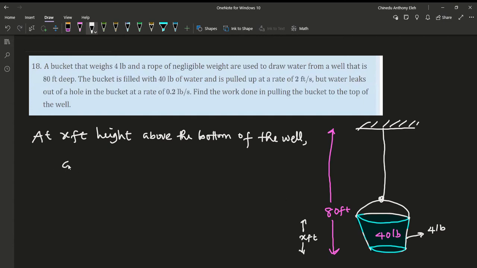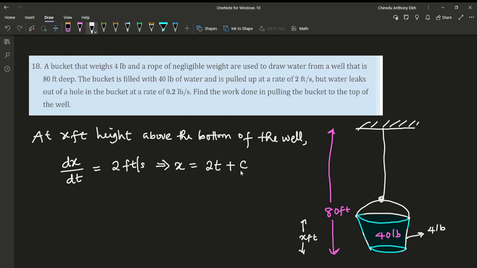So the rate of change of this height with respect to time is 2 feet per second. And from here we can instantly get that x is equal to 2t plus a constant. Think of this as you differentiated a function and you got 2. What is that function? It's exactly something that looks like this.